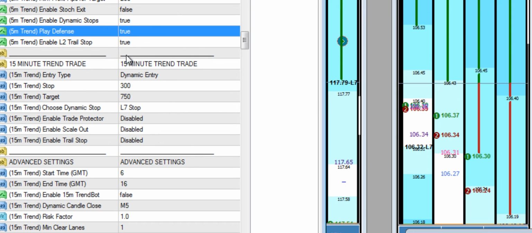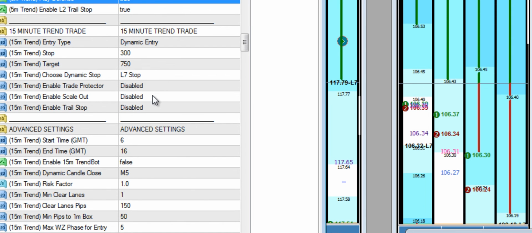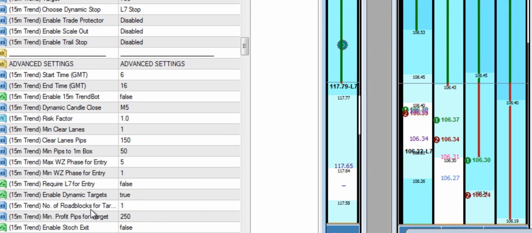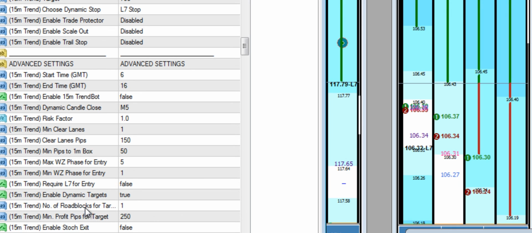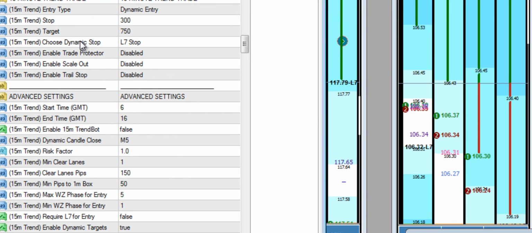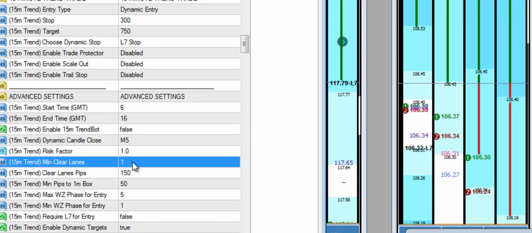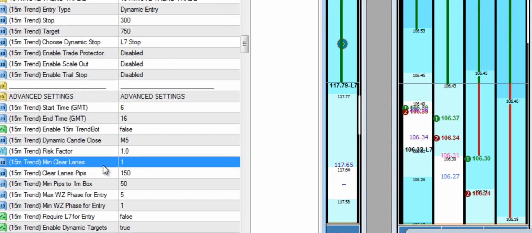So that's the 5-minute. Let's see, the 15-minute is almost, I want to say, identical to the 5-minute. I mean, everything, because they're so similar. Just know, if you want clear lanes on a 15-minute, you can only have one. So you can be 0 or 1. You can't have 2 or 3 clear lanes on a 15-minute trend just because of where you're at in the pattern.